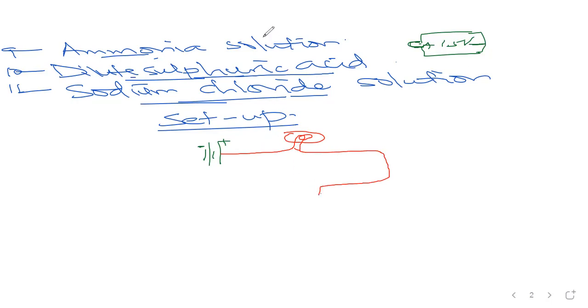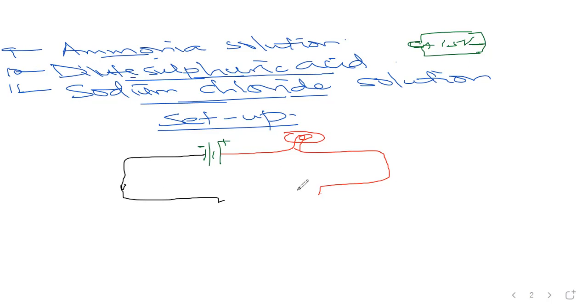Get your other connecting wire, which is connected this side. This is my other connecting wire. So if those are your connecting wires, you can continue to work out your experiment.